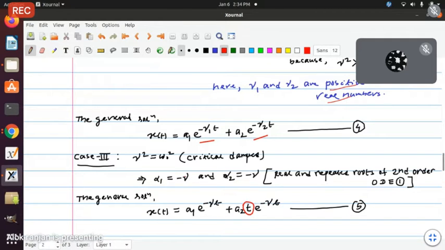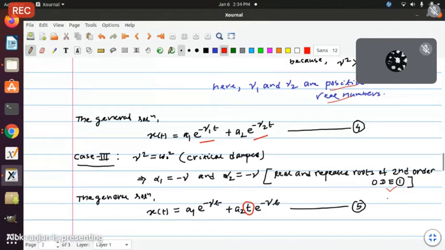Since this is a quadratic equation, you can say it has real and repeated roots. We actually have one value, but since we are dealing with a quadratic equation we must have two solutions. So in mathematical language, it is real repeated roots of the second order ordinary differential equation.